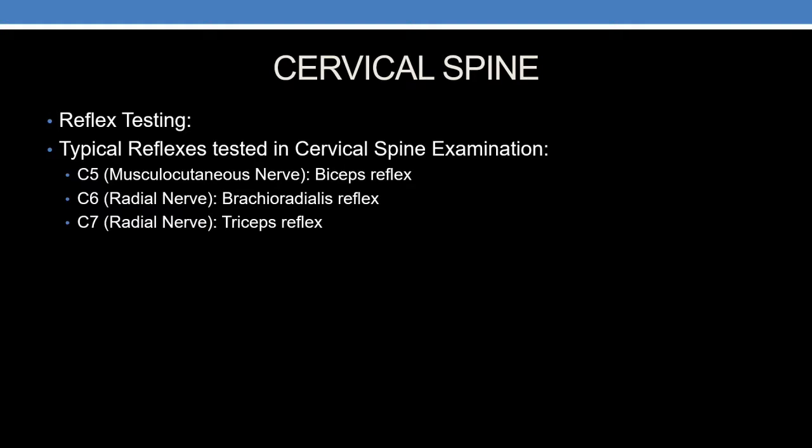And you go through your reflex testing and you find that your biceps reflex is normal, your brachioradialis or extensor digitorum reflexes are normal, your triceps reflexes are normal. What does that mean? Well, I want to give you an idea what that actually indicates.